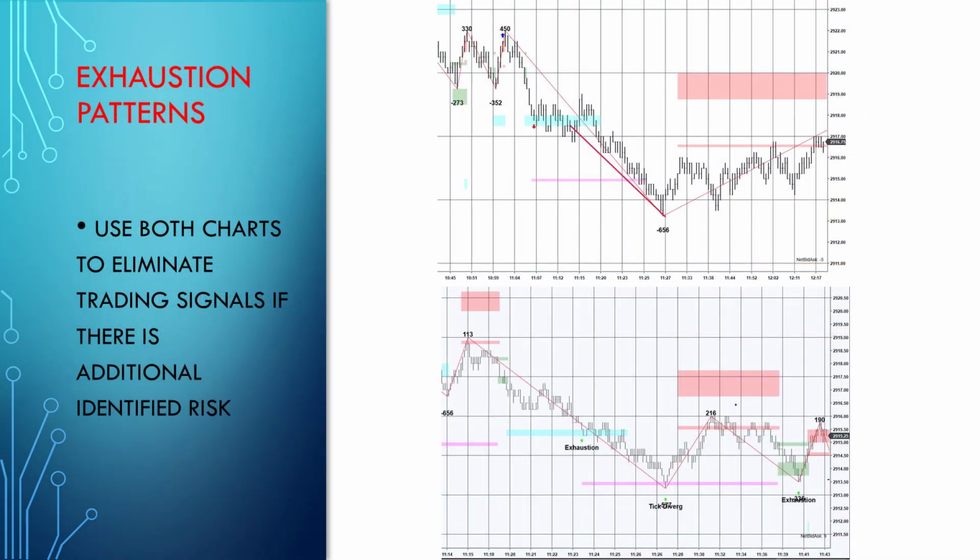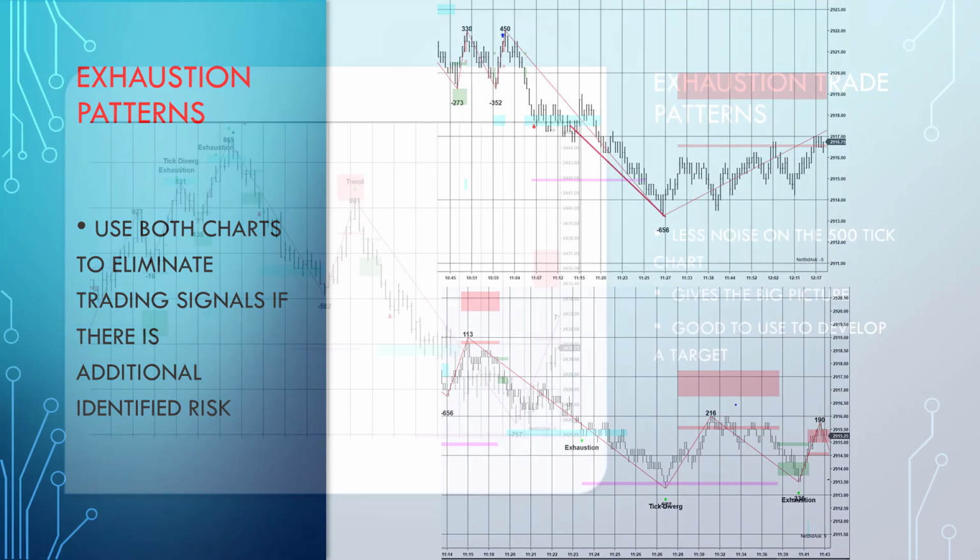So by using both charts, we eliminate trading signals that are identified as additional risk, and we incorporate that into our trading plan so that we are not taking anything but the most optimal trading situations.